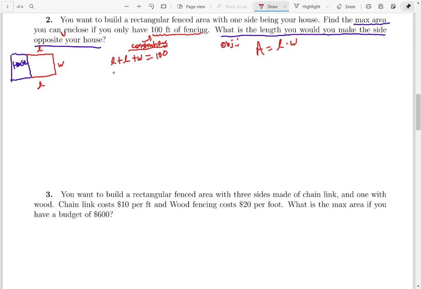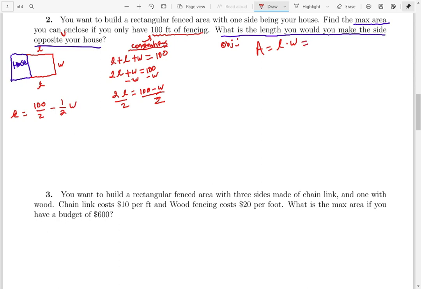Alright, so let's see if we can do this. Let's solve for L, so that's going to be 2L plus W is equal to 100. So subtract W, that's then going to be 2L is equal to 100 minus W. Divide by 2, divide by 2. I now have a good equation for L. L is 100 over 2 minus 1/2 W, which is of course 50, and I'm going to write it that way, but I'm just saving space.